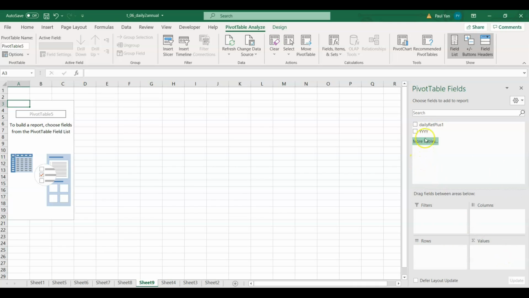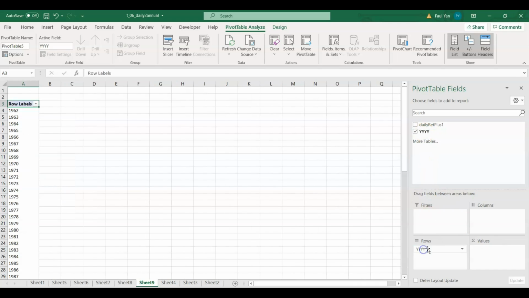Our objective is to put year as row and put daily return plus 1 as values, and we use product. The first thing is we drag this one to row. On the left hand side you will see 1961, 1963, 1964, and continue. The bottom line is our annual return is 1 plus R1 times 1 plus R2 times 1 plus R3 times until 1 plus Rn, minus 1.